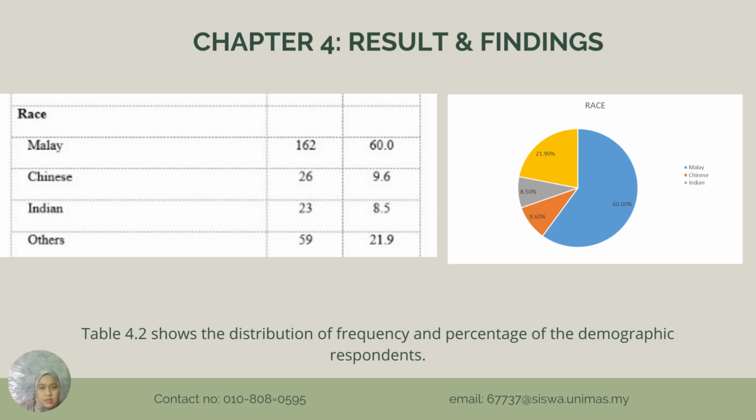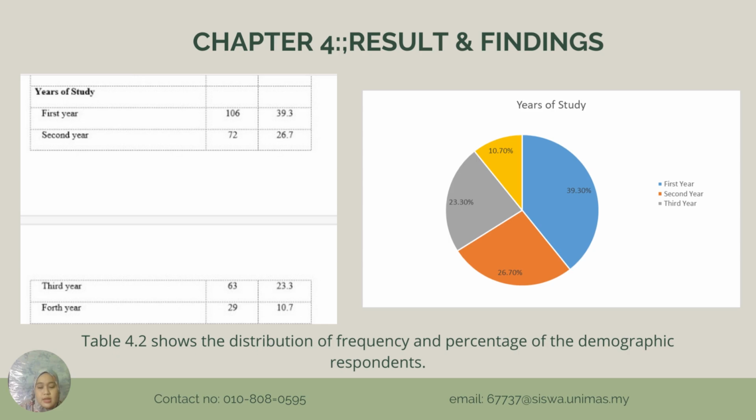Next, the year of study shows the first year are 106 respondents, 39.3%. Second year are 72 respondents, 26.7%. Third year are 63 respondents, 23.3%, and fourth year are 29 respondents, 10.7%. Hence, it shows that the number of first year is highest and fourth year is the lowest.